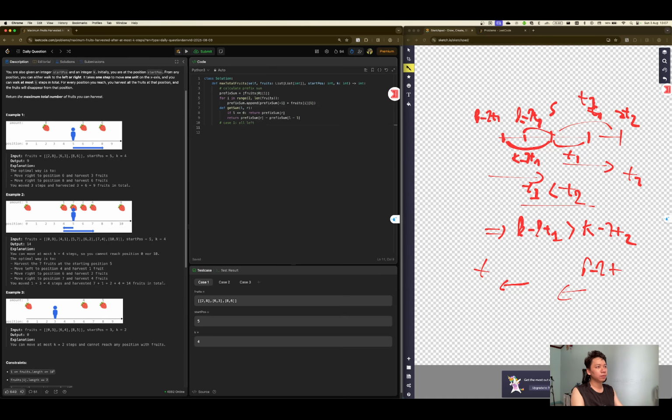And the case 1 is on the left side. First of all, we need to calculate the start position. For each i in range length of cruise, this amount and the cost, the amount is like cruise i.